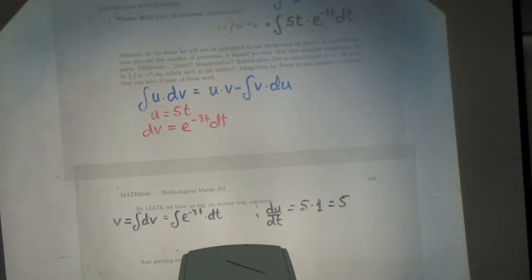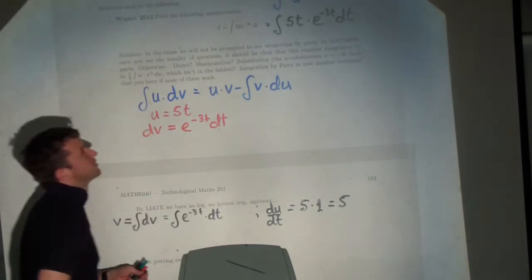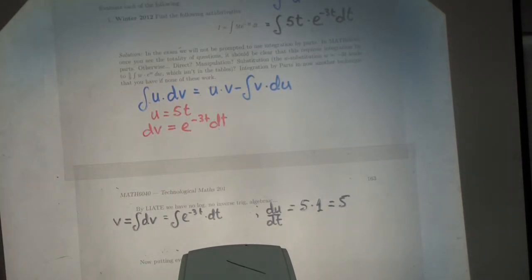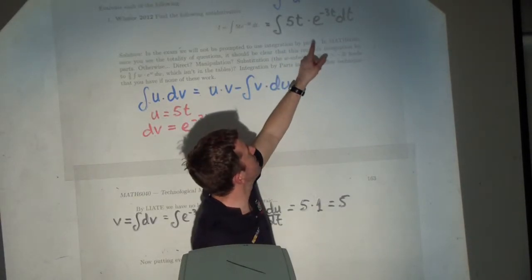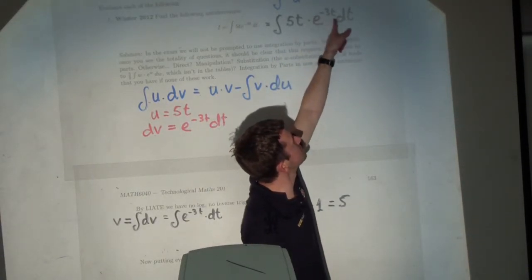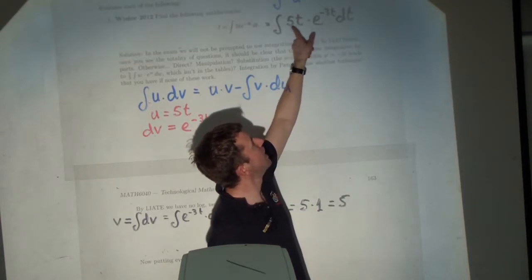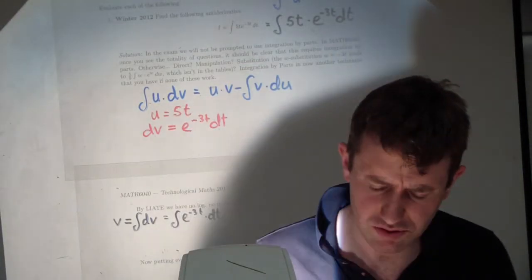So you need to try parts. You write down this formula here, which is on the exam paper, and this thing here is what you have. You pick the u by the ILATE rule, so you say there's no logs here, there's no inverse trig, algebraic, yes. Now that is an algebraic, minus 3t, but it's not multiplying, so this is your u, and everything else is your dv. So you pick the u, you pick the dv.